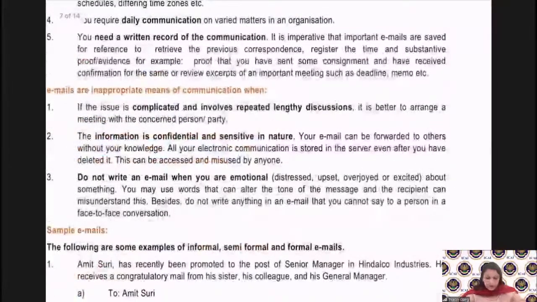Emails are inappropriate when you're talking about a complicated issue or you want to have a lengthy discussion. Emails are not for those situations. Also, when information is confidential and sensitive in nature, because no matter how much we like emails, that's also unsafe.